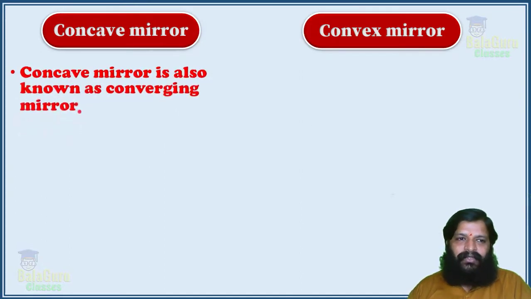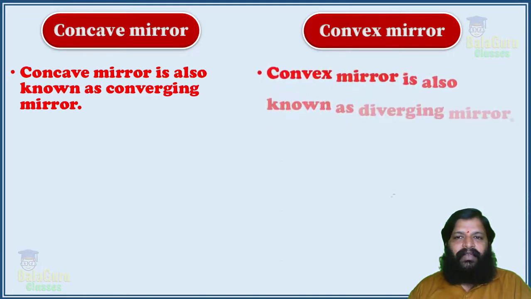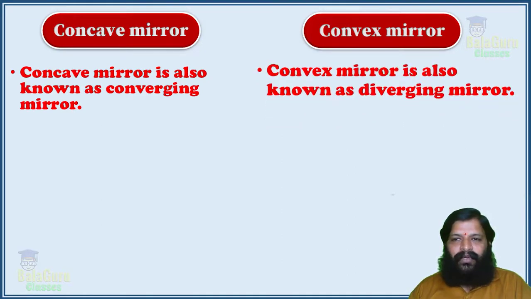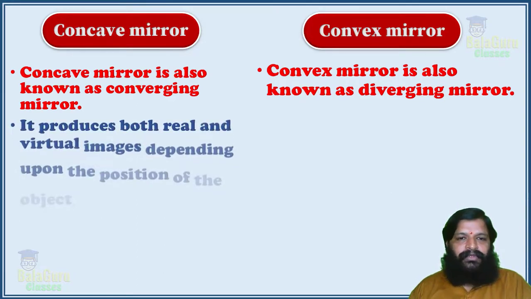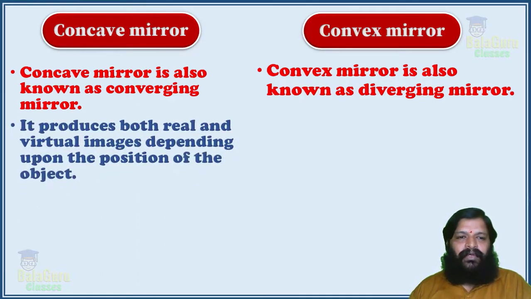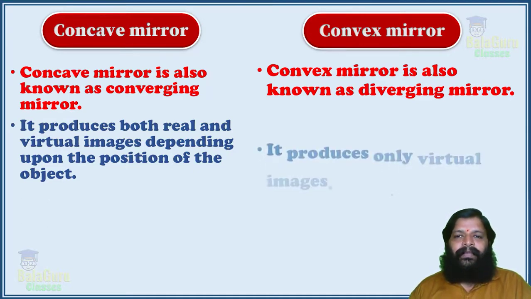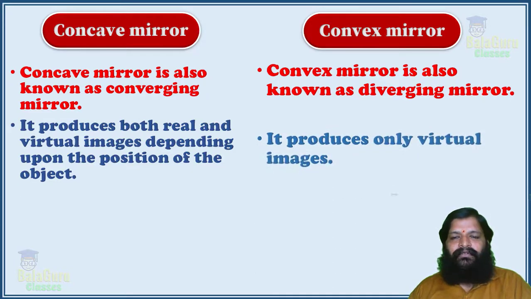Concave mirror is also known as converging mirror, whereas convex mirror is also known as diverging mirror. A concave mirror produces both real and virtual images depending upon the position of the object. A convex mirror produces only virtual images.